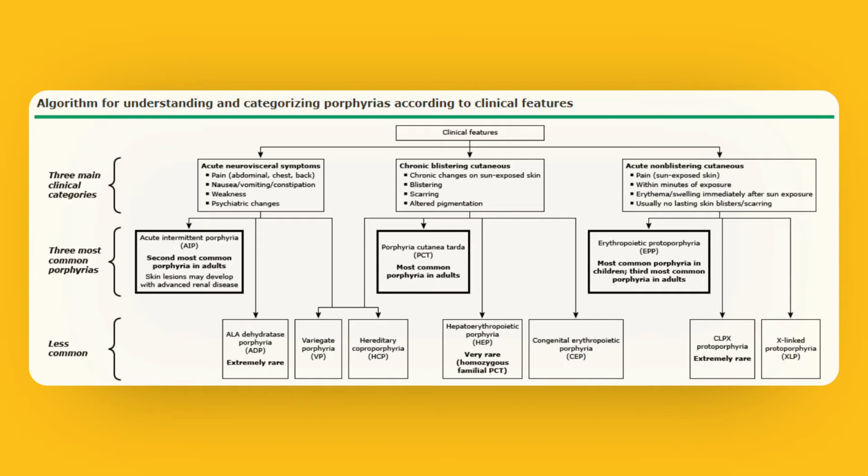Down below are the other porphyrias, and I just want to point out variegate porphyria straddles both nervous system and cutaneous potential.